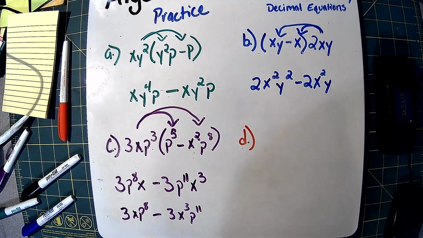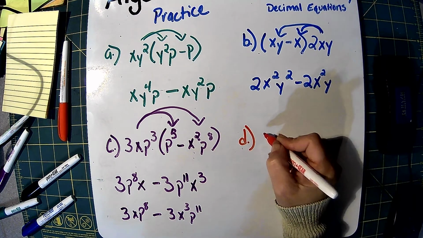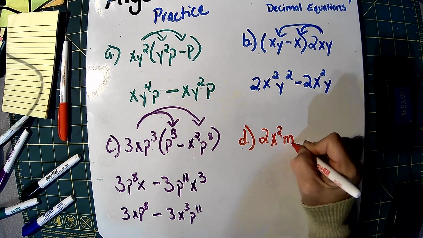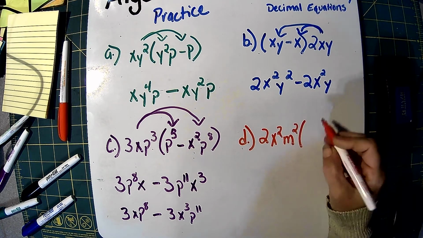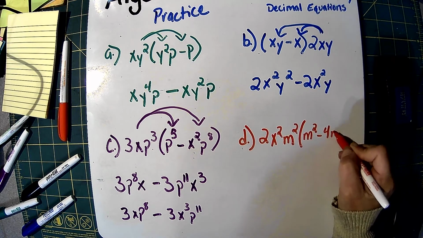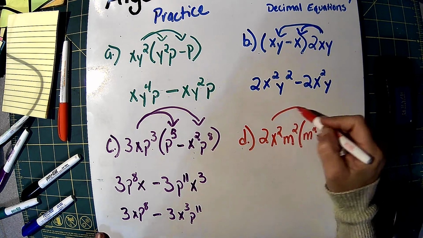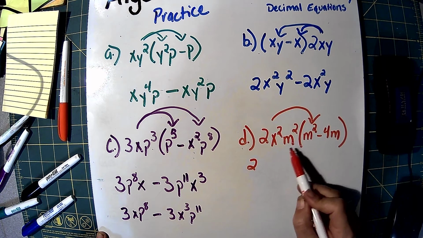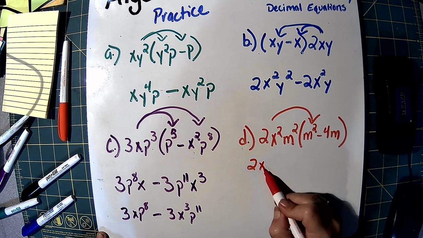Okay, D is 2x squared m squared times m squared minus 4m. Okay, so first we're going to multiply here. We get 2. And then our x's, we have x squared.